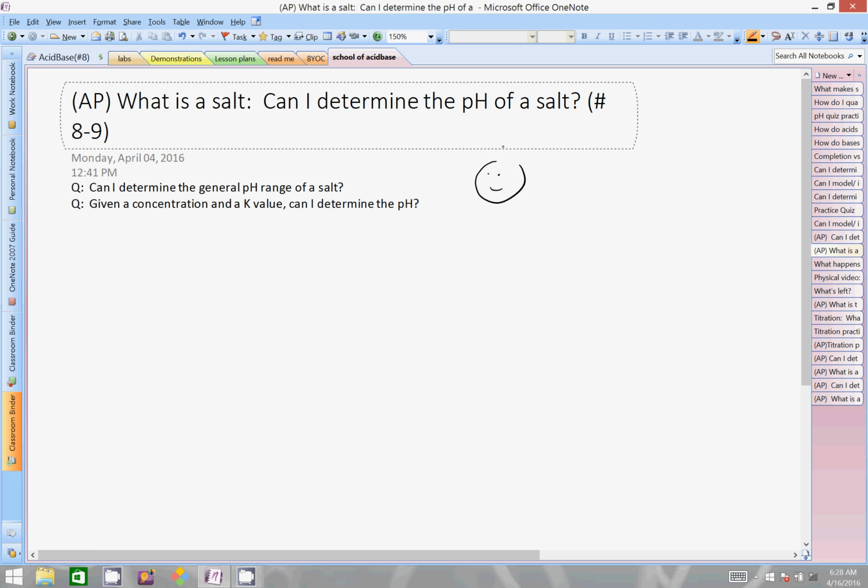Alright, so let's say I have a 0.1 molar solution of NaF. First things first, can I determine the pH of the salt?